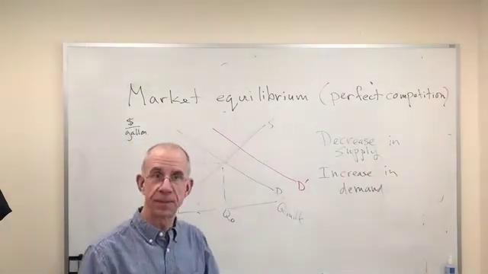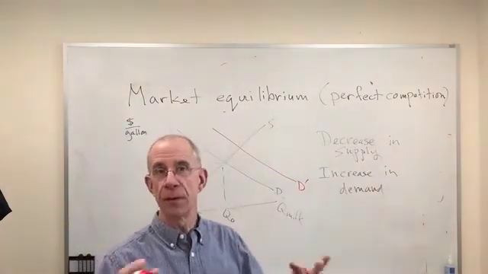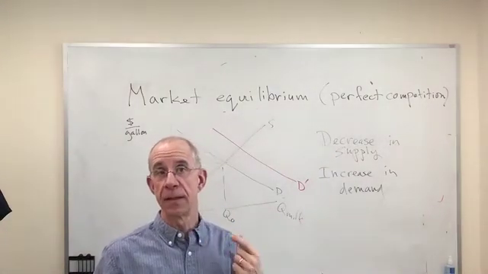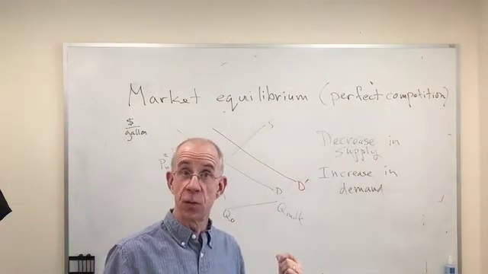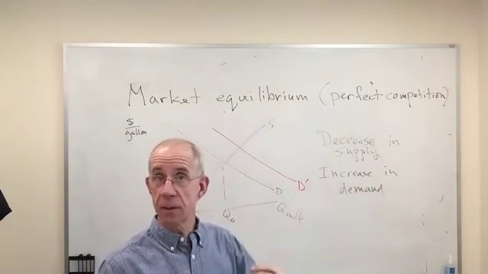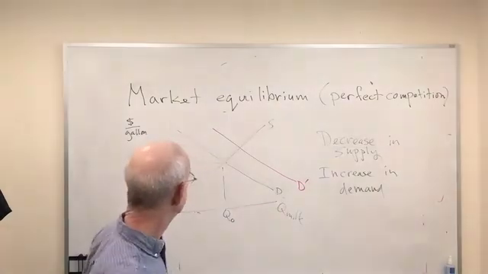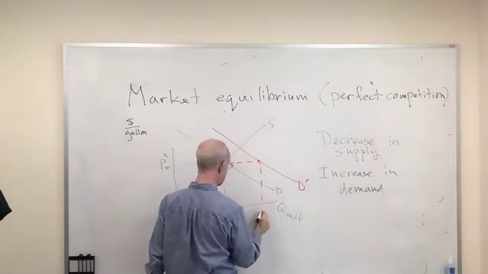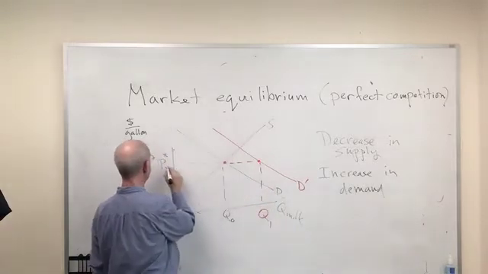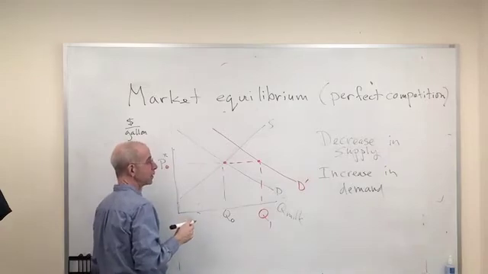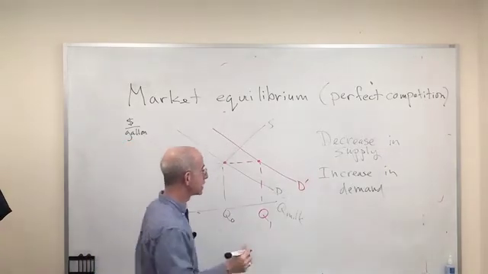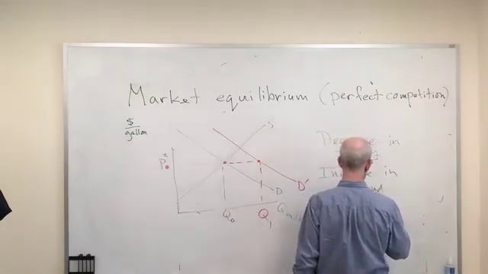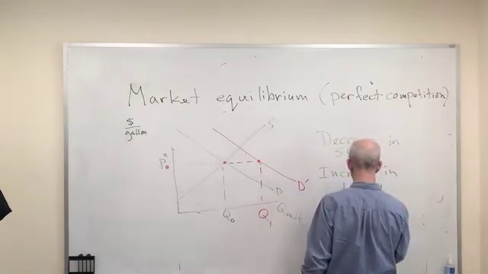Some fundamental difference in the demand. For example, increase in income of the consumer, maybe an increase in the price of a substitute good, so people switch their demand to milk. So all sorts of different reasons why that could take place. Bottom line is at the original price of P0 star, there is now an excess demand for milk.